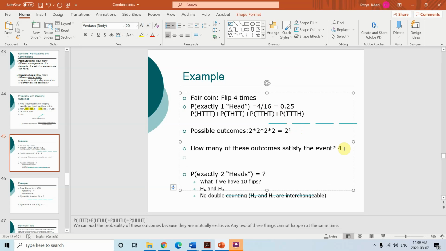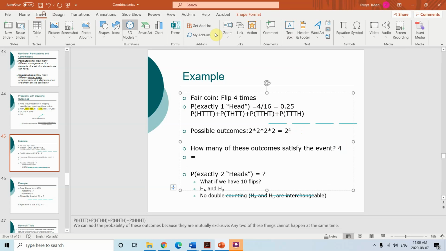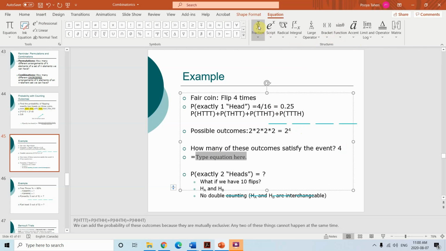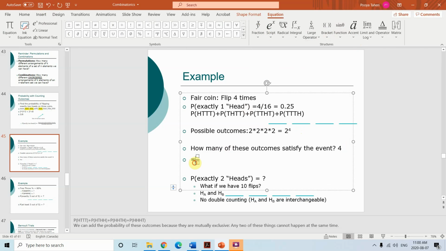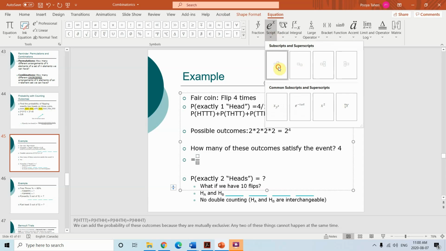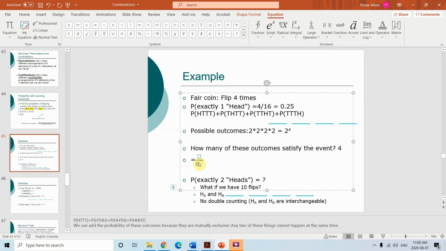Another way of answering this, right? If you want to look at the exact formula of probability, the total possible outcomes that we can have is going to be 2 raised to power 4, right?